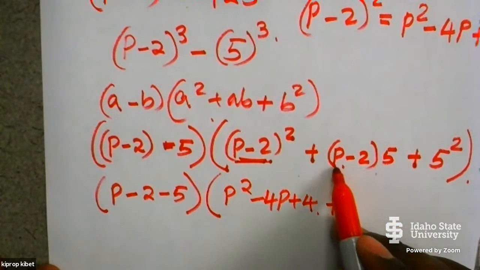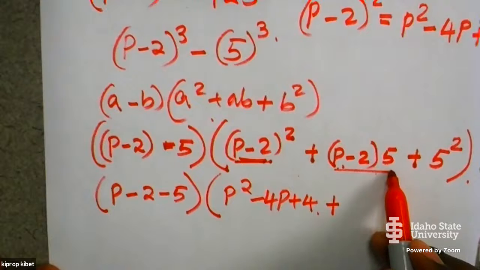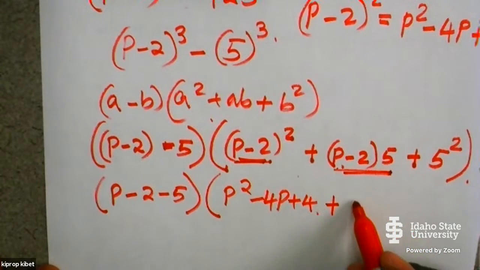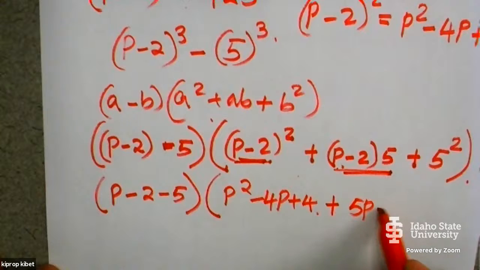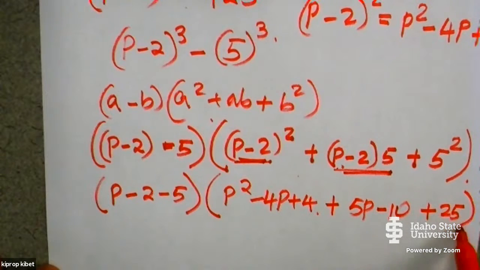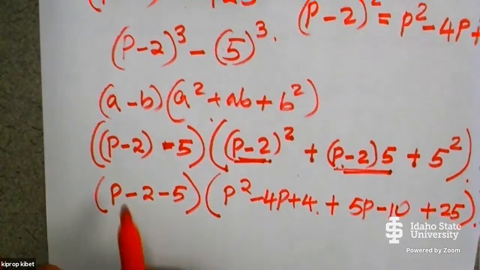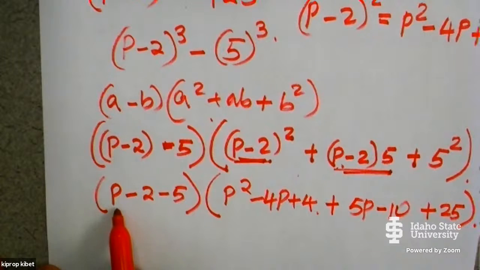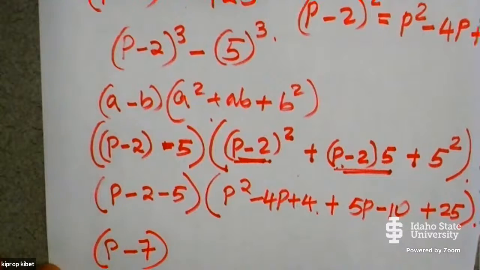Plus, when you open these brackets here, it will be 5p minus 10, and then plus 25. So finally, when you simplify again, this is p minus 7.